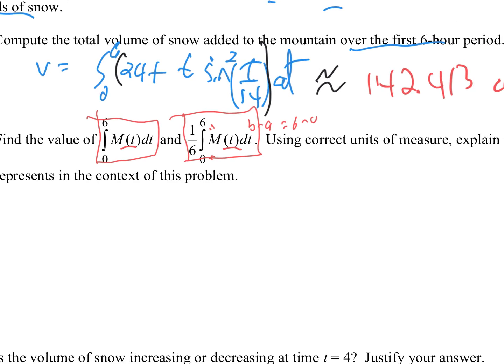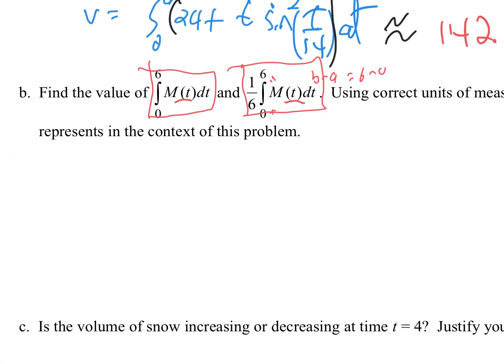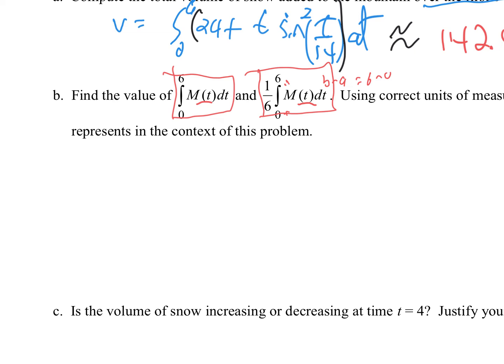Use correct units of measure and confirm what each represents. Well, I just told you. I didn't know they were going to ask that. But with my calculator, I know the volume of melted snow, I should put melted, this was the volume of snow being added with the snowplow.